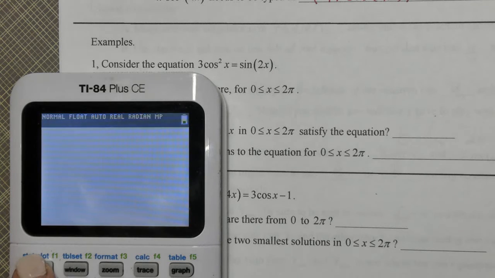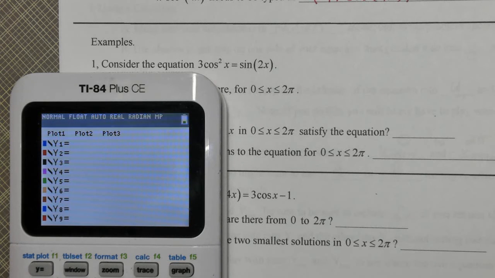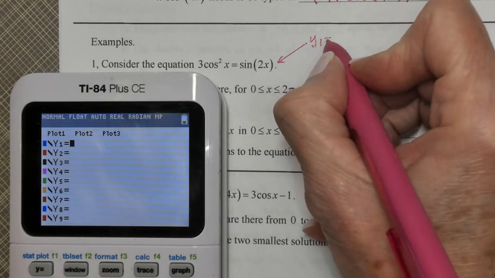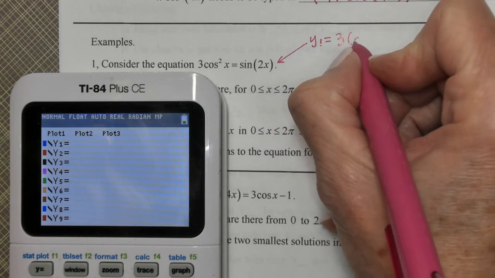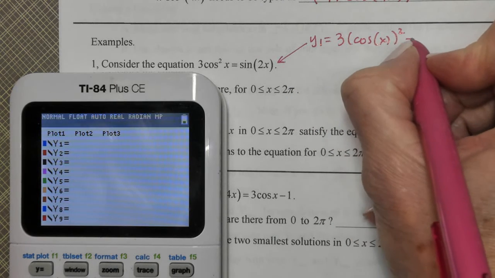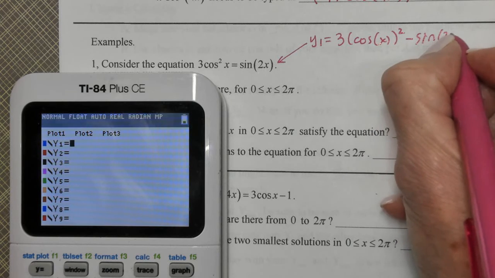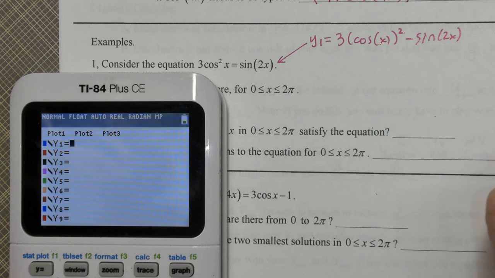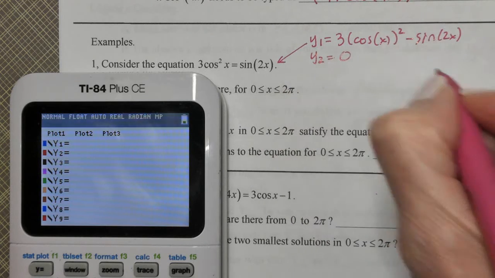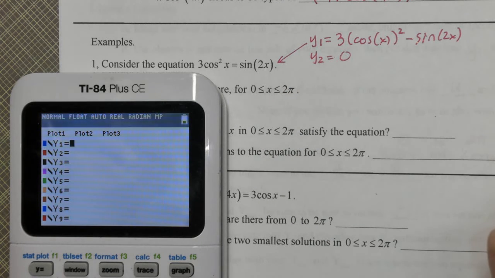I'm going to go to my y equals screen, and I want to type in for y1, I'm going to type in 3 cosine of x squared minus sine of 2x. I like to pull everything onto one side, put that in for y1, and in for y2 I'm going to put what is now 0 on the right hand side.